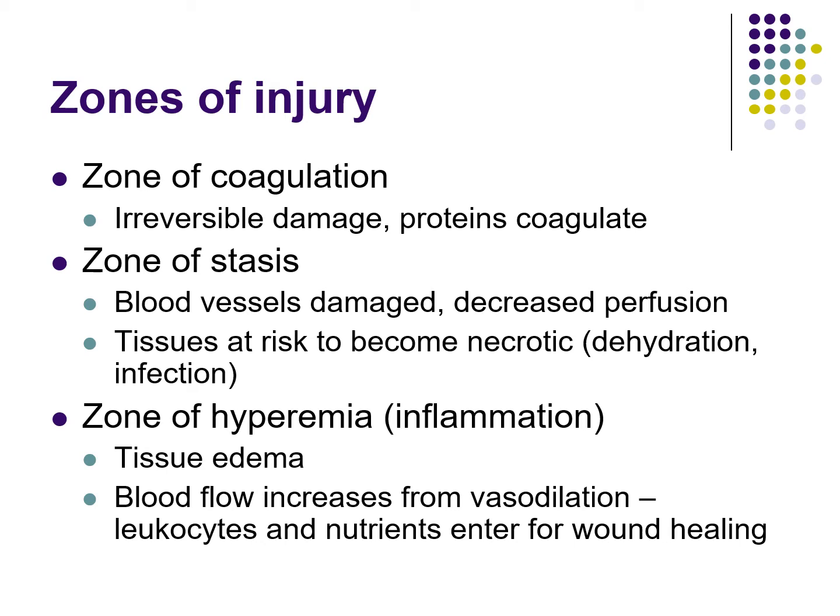I mentioned zones of injury a few slides ago. So there's zones of injury based on how close the tissue is to the direct burn. So you have zones of coagulation. That's where the burn has happened. It's like the central area.